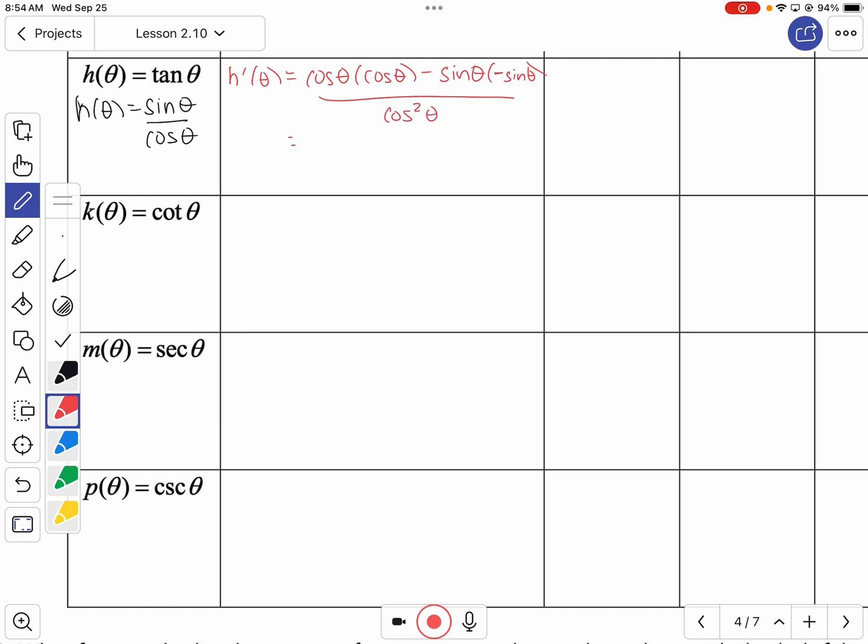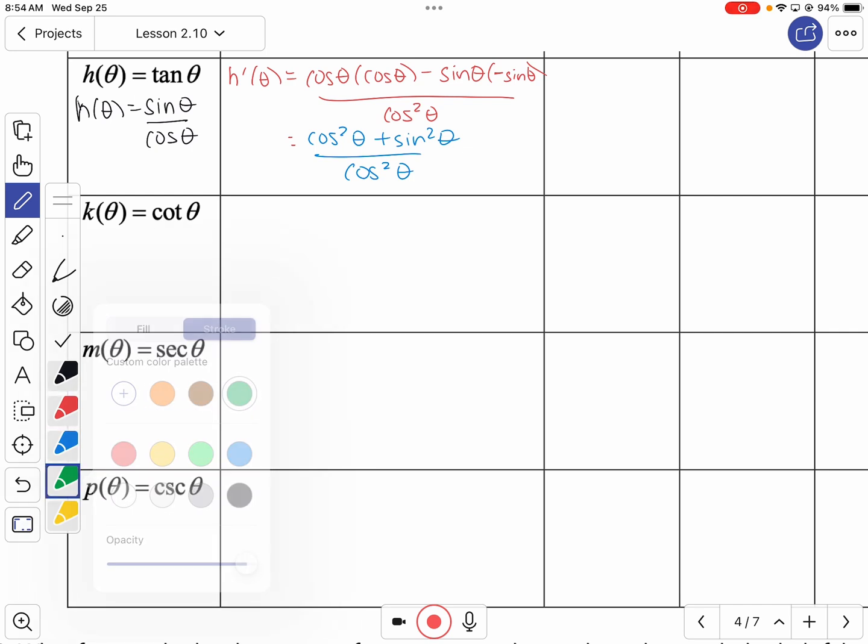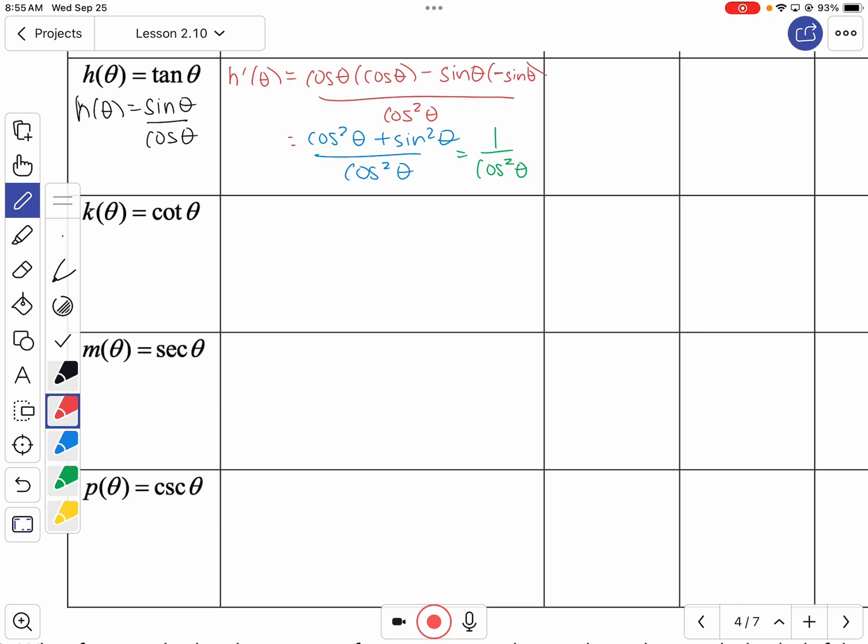Okay. Let's simplify a little bit. So that's going to give me cosine squared plus sine squared over cosine squared. Look for a trig identity. Do you see one? Yeah, 1 over cosine squared, which is the same thing as secant squared.